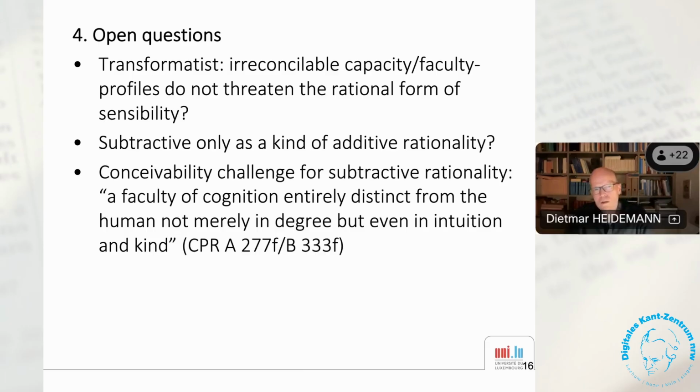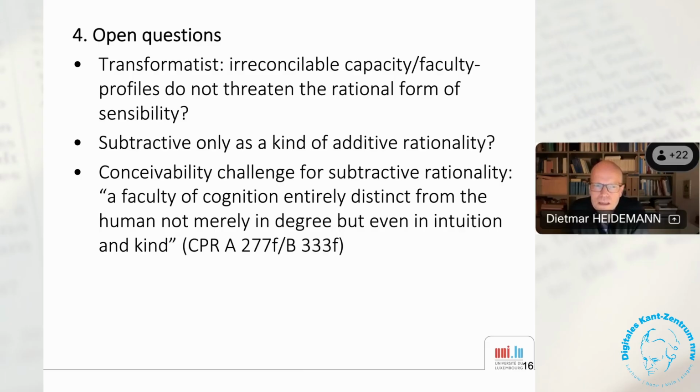The third question might be related to the last point that I've mentioned, the conceivability challenge, as one might call it, for subtractive rationality, in the sense that, a quote from the first critique: a faculty of cognition, Kant says, entirely distinct from the human, not merely in degree, but even in intuition and kind. So this reads as if this kind of rationality that I've just mentioned, for example, the intuitive understanding, is not even conceivable to us.